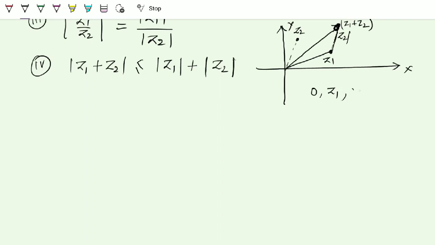So 0, z1 and z1 plus z2 will be forming a triangle.